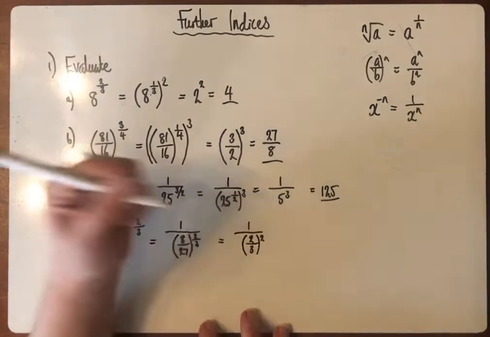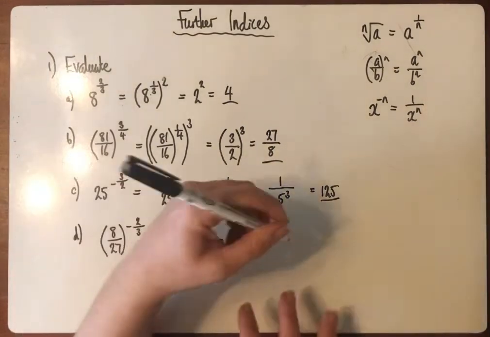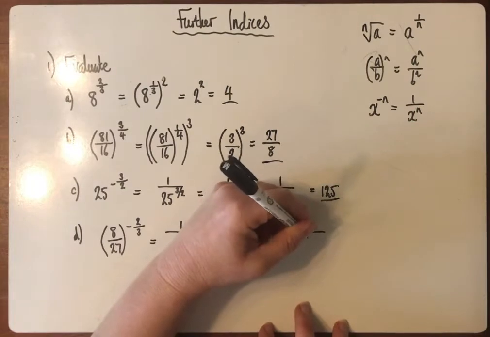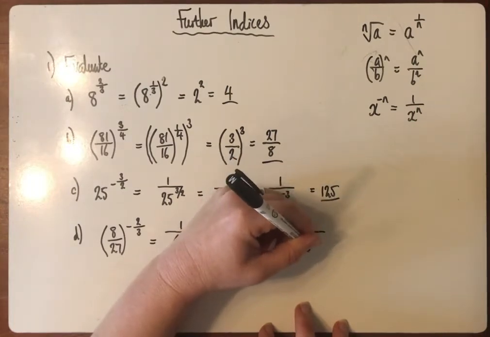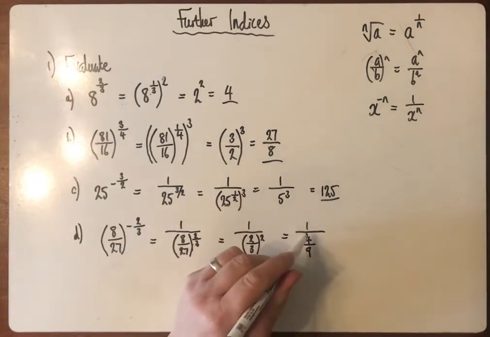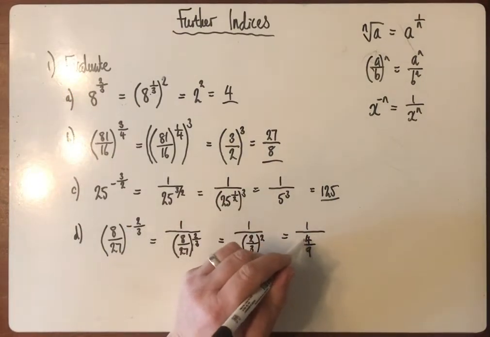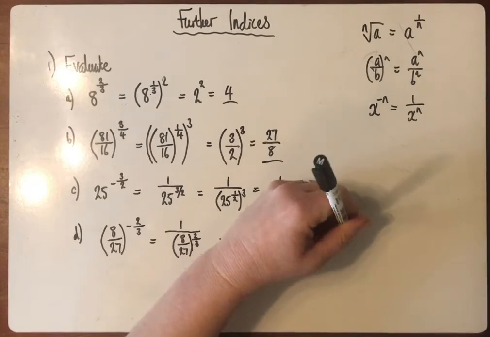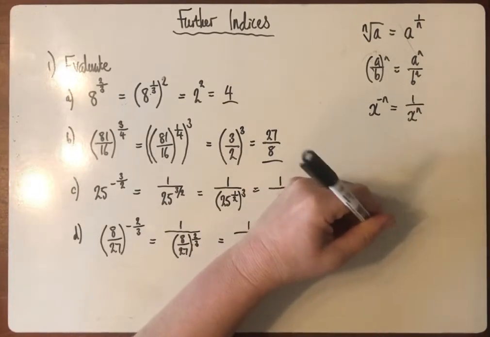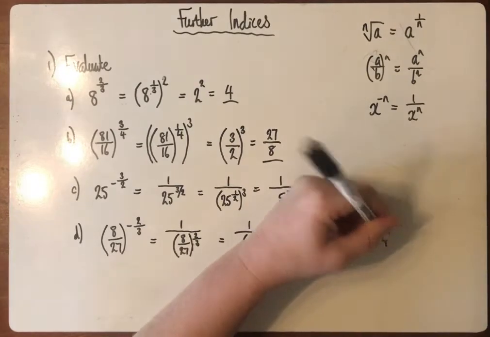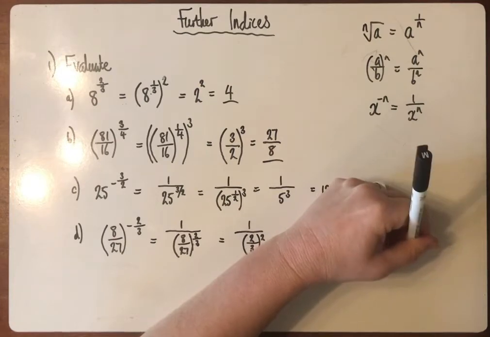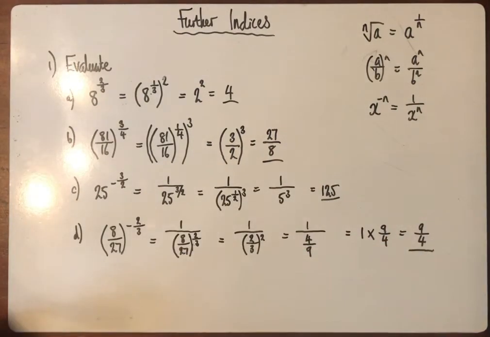And then that needs squaring. And so here you get 1 over 2 squared over 3 squared. And when you have a fraction divided by a fraction, so I'm dividing by 4 over 9, you turn that around and multiply. So it's 1 times 9 over 4, which takes you to there.